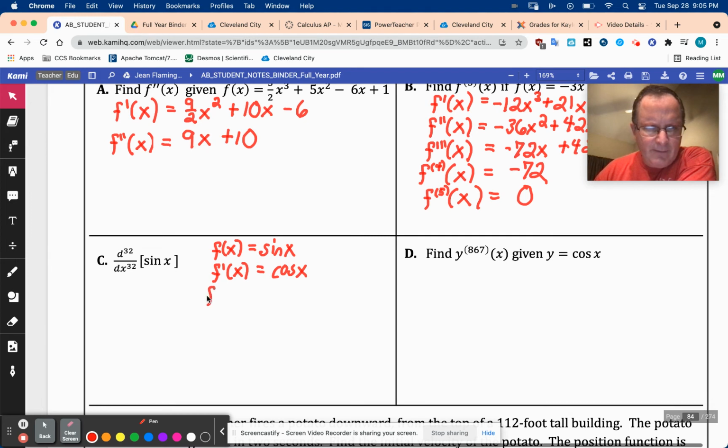F double prime is negative sine. F triple prime is negative cosine. And then f, the fourth derivative, it's hard for me to say, is back to sine again, and then the cycle continues.